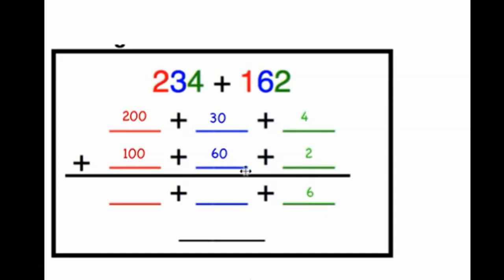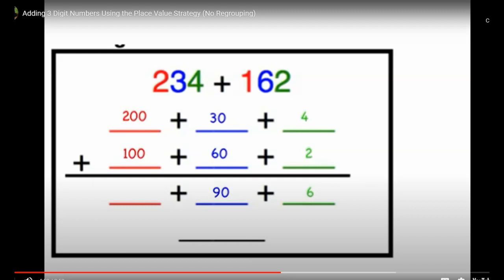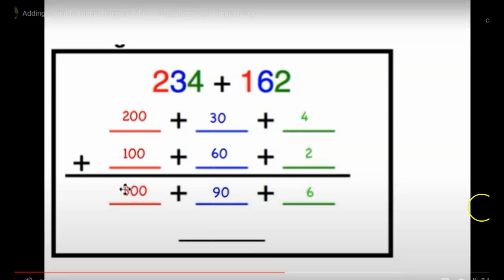Now let's look at the tens place. 30 plus 60 equals 90. And lastly, let's look at the hundreds place. 200 plus 100 equals 300.